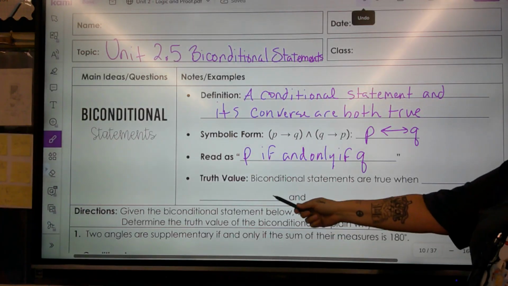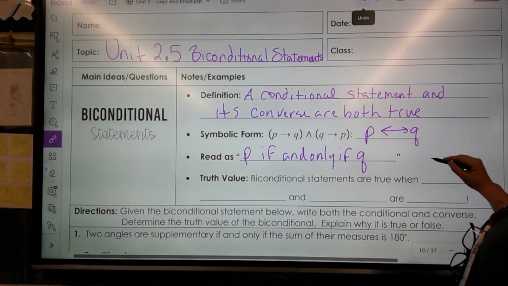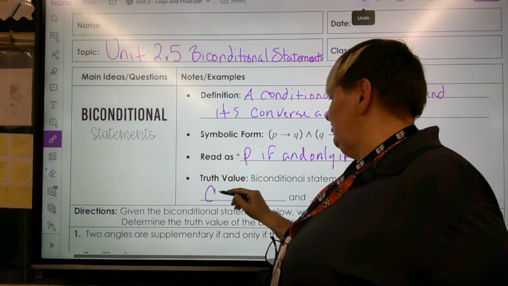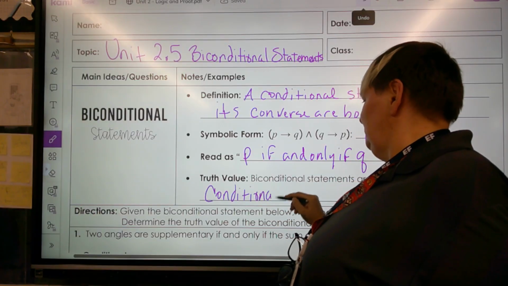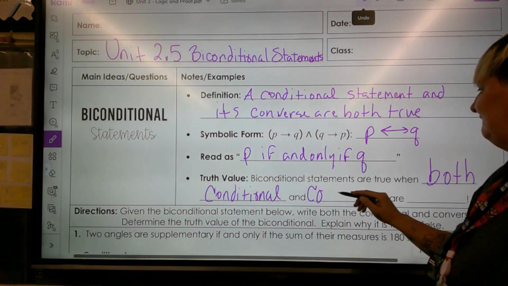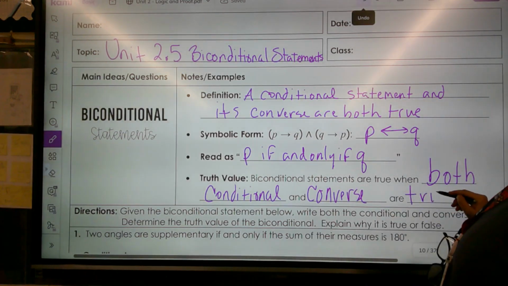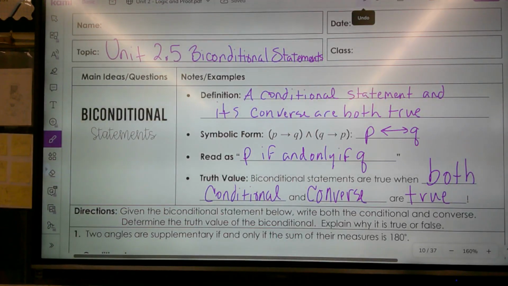Truth value: biconditional statements are true when both the conditional and converse are true. They both have to be true to be true.